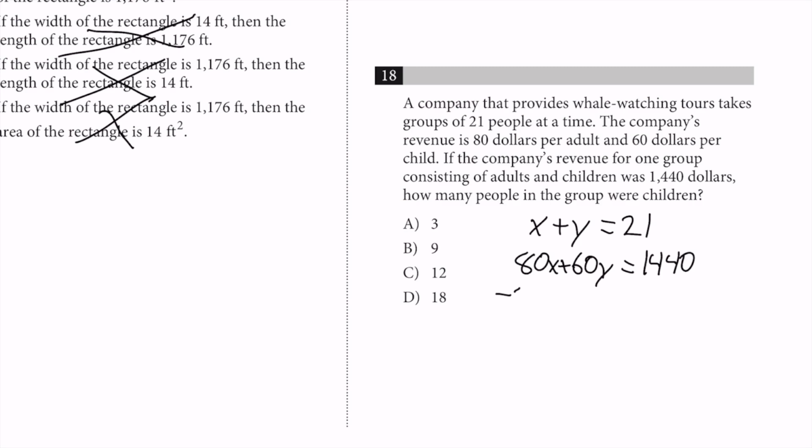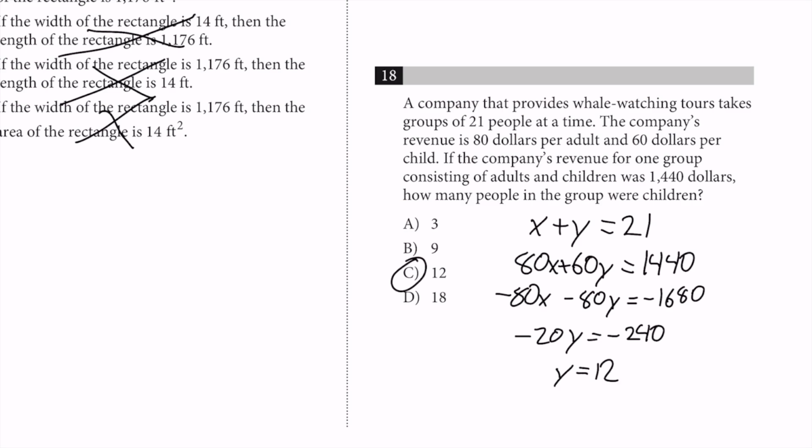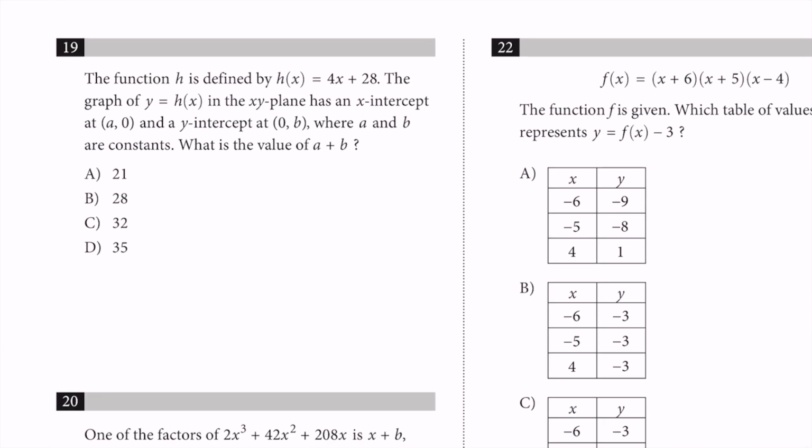We're going to multiply the first equation by 80 and subtract: 80x plus 80y equals, what is that, 1,680, I believe. Negative 20y is equal to negative 240, y is equal to 12, and that gives us our answer choice C.